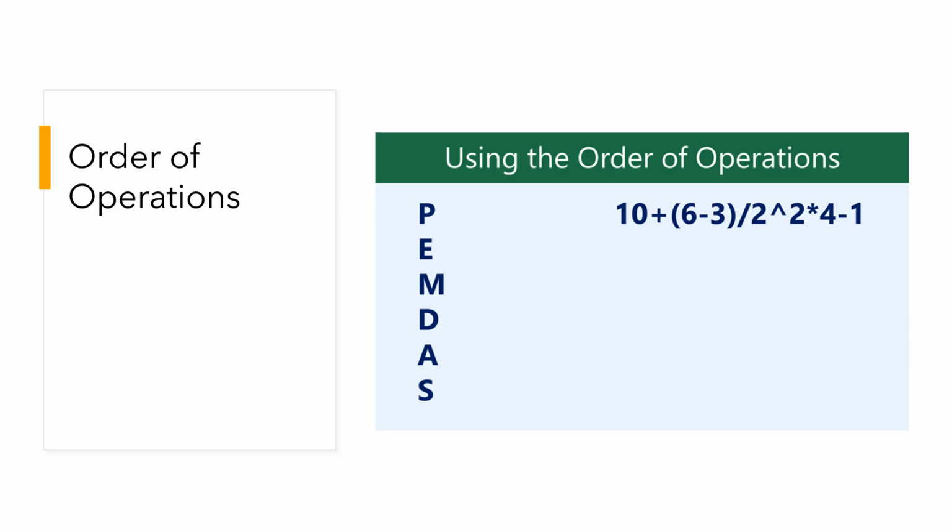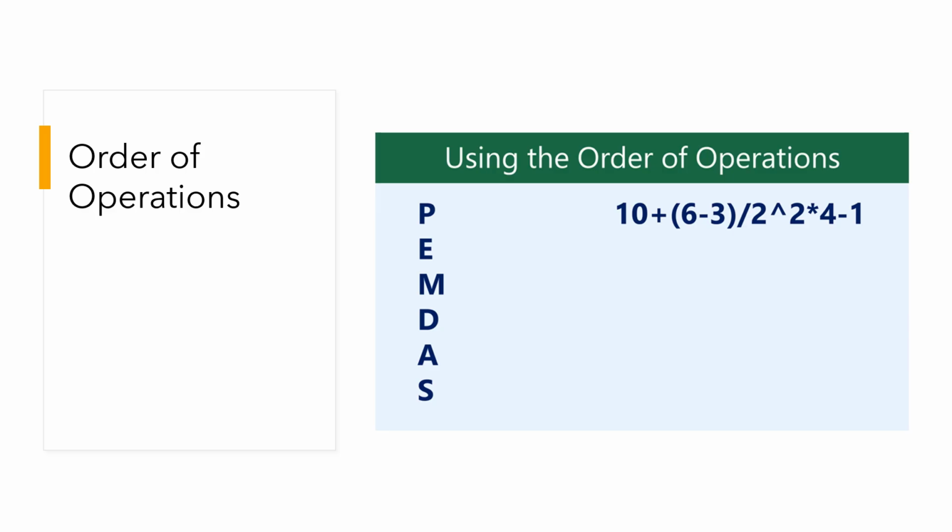So Excel calculates all of our formulas based on our mathematical rules around order of operations. You learned this in elementary school. Depending on your teacher, it may have been PEMDAS, it may have been PEDMAS, it may have been BEDMAS, whatever the acronym was, this is what we're talking about.